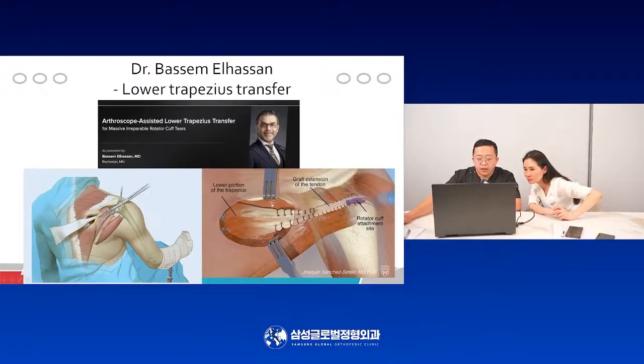He cuts the lower trapezius tendon, and with some kind of allograft tendon or autograft tendon, he extends it. He connects the lower trapezius tendon with that allograft or autograft tendon, and after that he fixes it to the humeral joint.